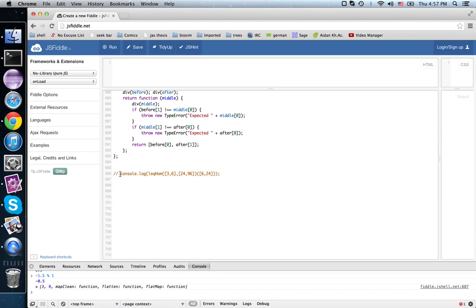Here, we're saying 3 divides 6, 24 divides 96, and 6 divides 24, therefore 3 divides 24. And let's see if that works. 3 divides 96. Oh, sorry. 3 divides 96. Yep. So that works.